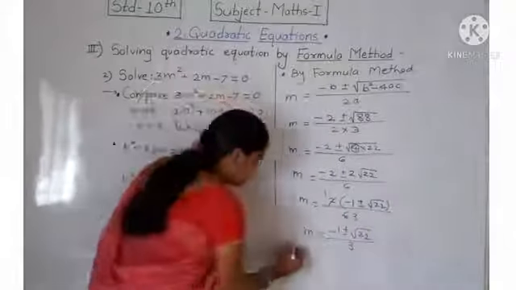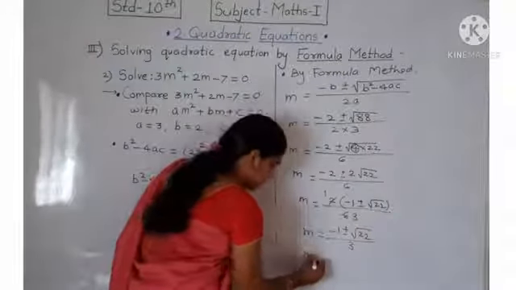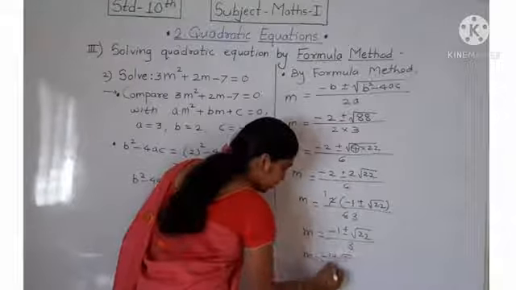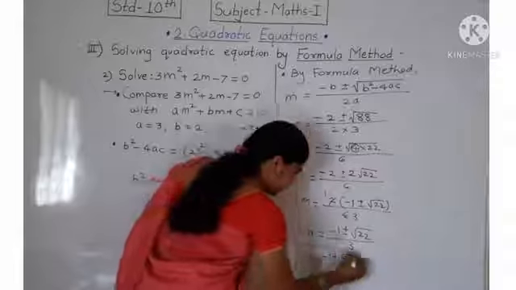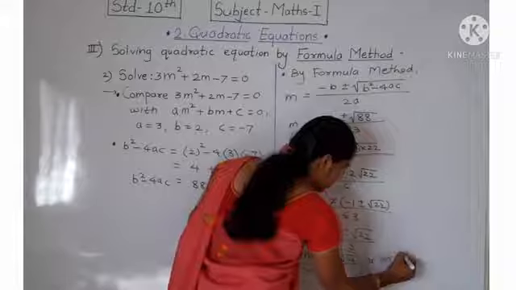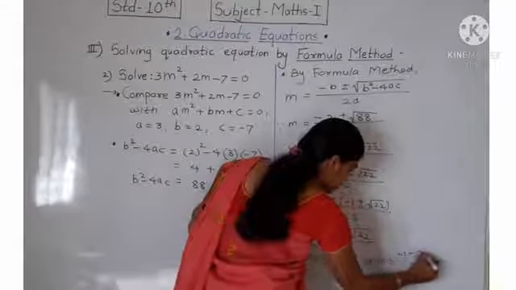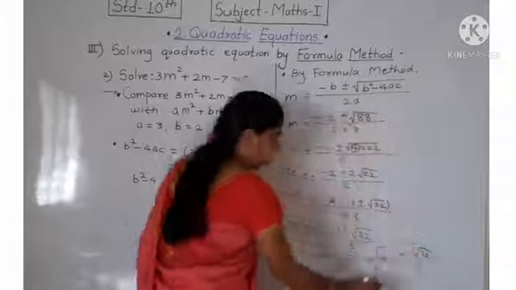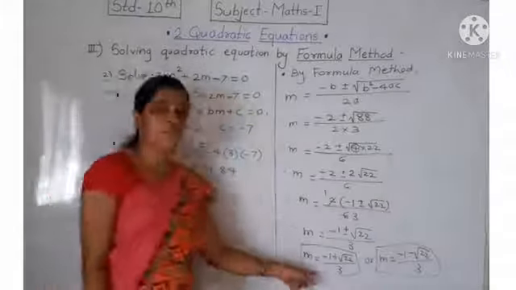Now you separate. Therefore, m is equal to minus 1 plus root 22 upon 3 or m is equal to minus 1 minus root 22 upon 3. These are the required values.